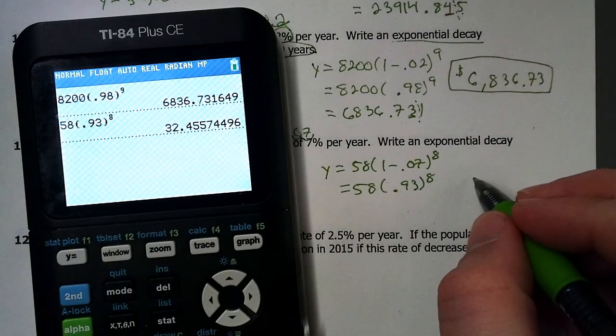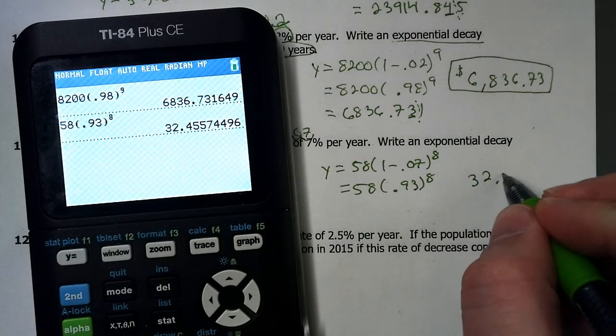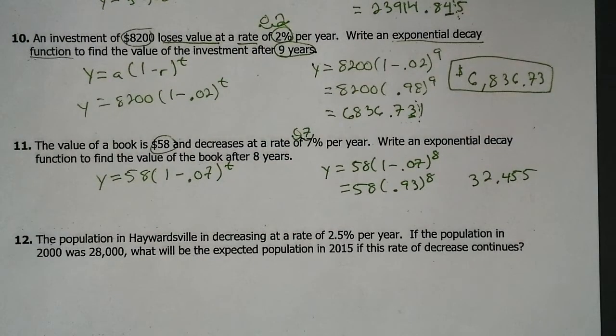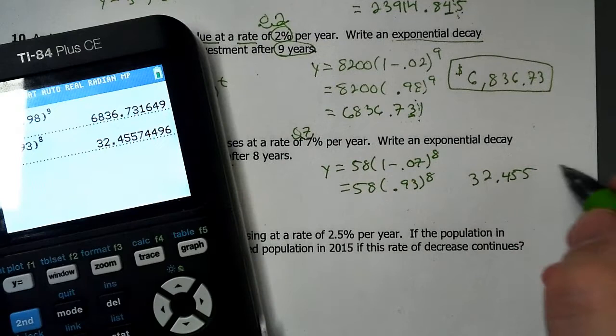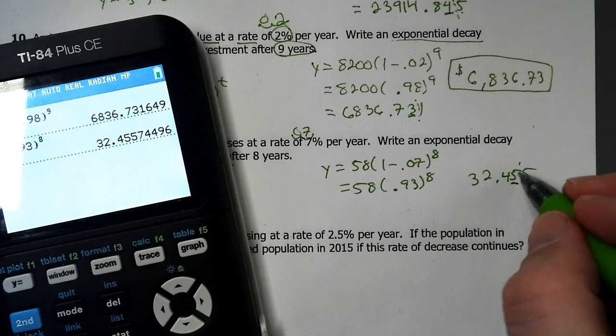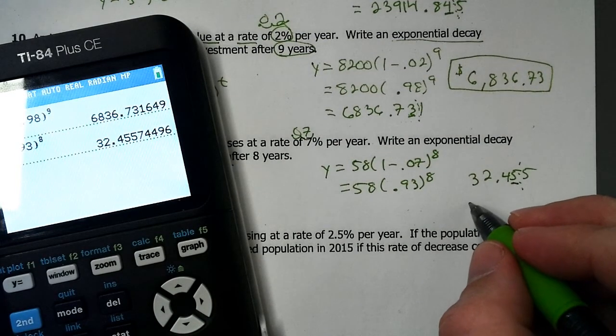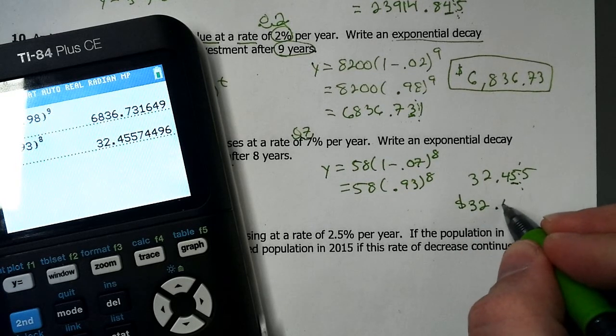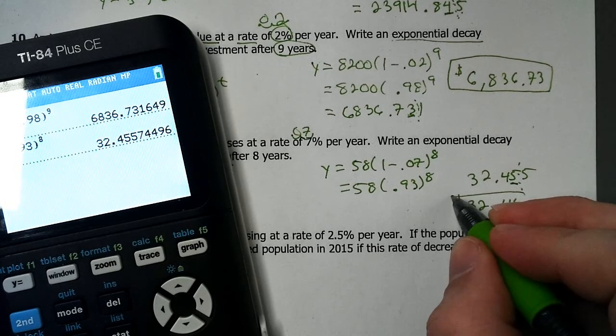And we end up getting 32.455. And since we're dealing with money, the value of a book, let's look at that 5. This other 5 makes it round up, so it's eventually going to cost $32.46.